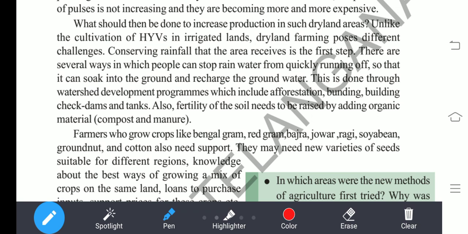And here the farmers in dryland areas grow Bengal gram, red gram, that is Senagapappu, Kandipappu, then bajra, Sajjalu, jowar, Jonnalu, ragi, soya bean, Palikaya, groundnut, cotton, all these they cultivate. And in dryland areas, the farmers should be provided with new varieties of seeds suitable for that region.